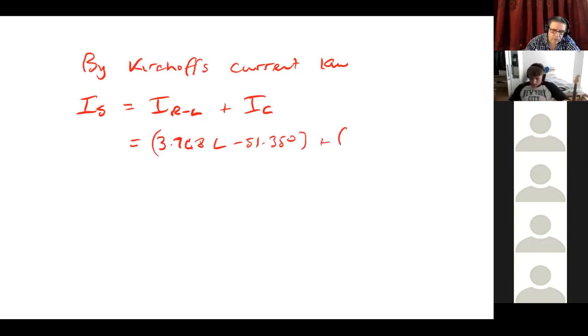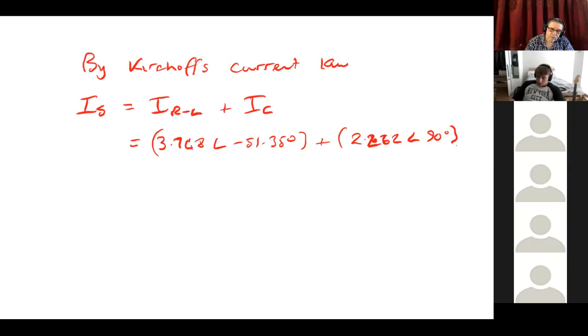We've got to add that to IC, which is 2.262 angle 90 degrees. When you add them separately? No, we can't add them in polar form, can we?